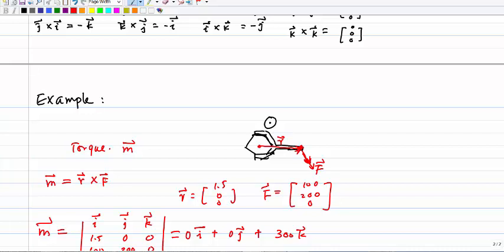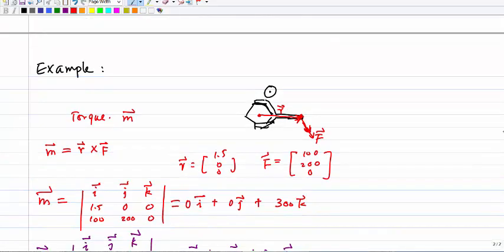If I talk about the XY domain, this is X, this is Y, and Z is coming out. So I can define the R vector as (1.5, 0, 0), and F as (100, 200, 0). That's the force applied.